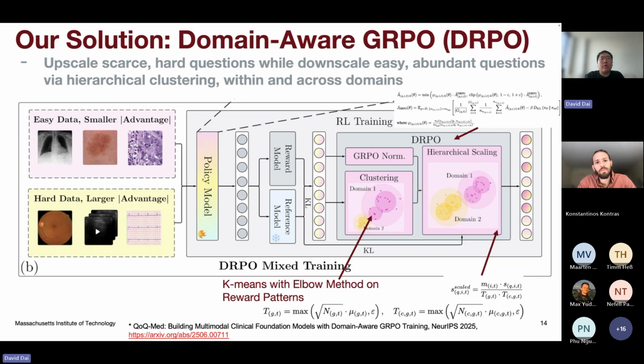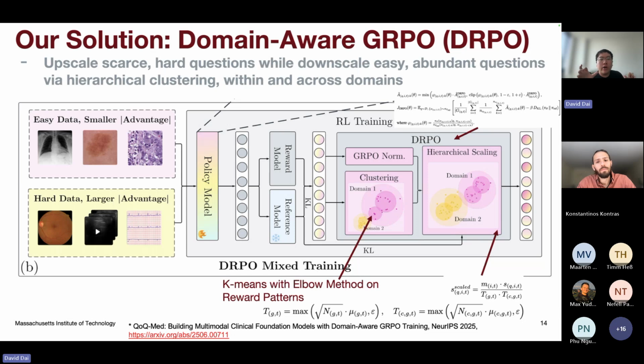The other way is that within each clinical domain, we also see that the model exhibits some kind of clustering. Some samples have a pretty low reward throughout the learning process, and some have a high reward sometimes and a low reward other times. So the clustering is not based on the mean reward itself. It's based on the reward patterns.